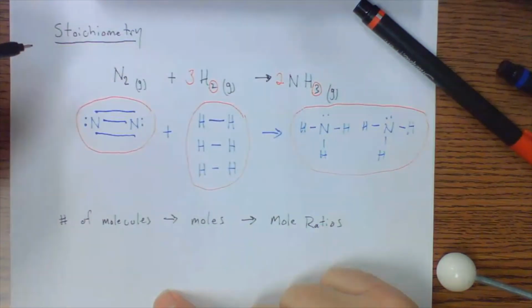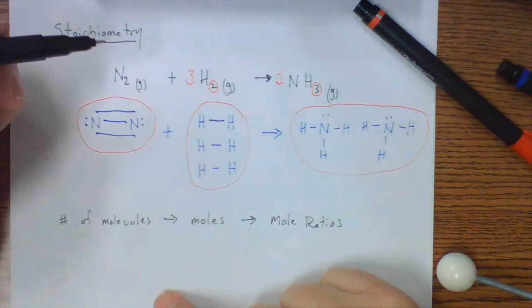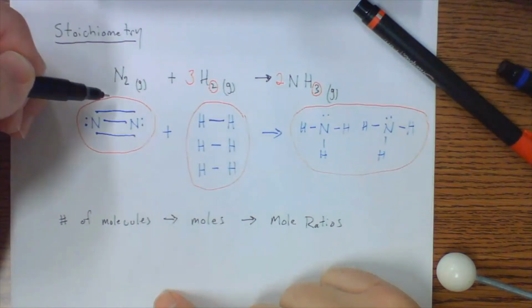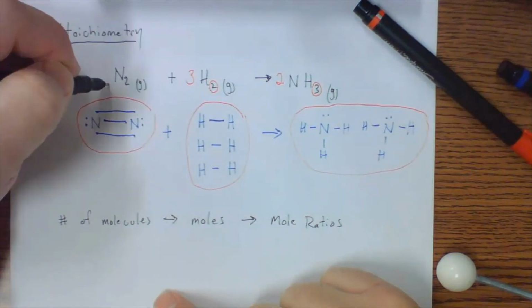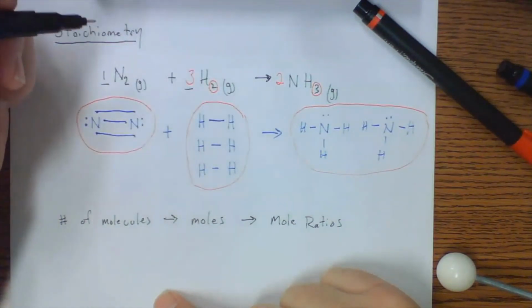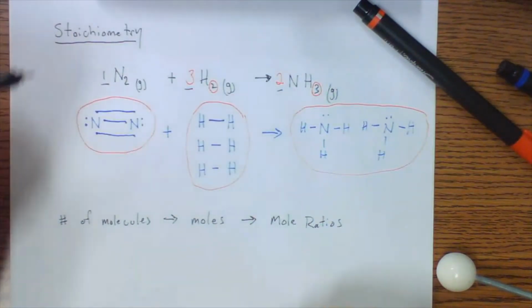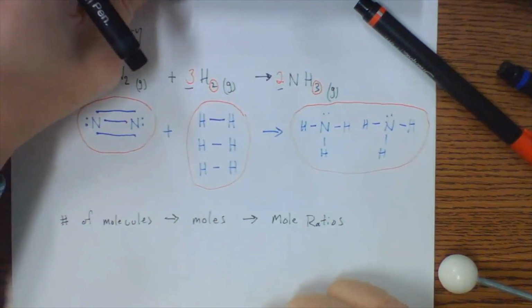So mole ratios are really the how many to how many to how many we need. So in this case, 1 mole of N2, 1 mole of nitrogen gas, will need 3 moles of hydrogen gas to produce 2 moles of ammonia gas. So we can look at these in terms of ratios.